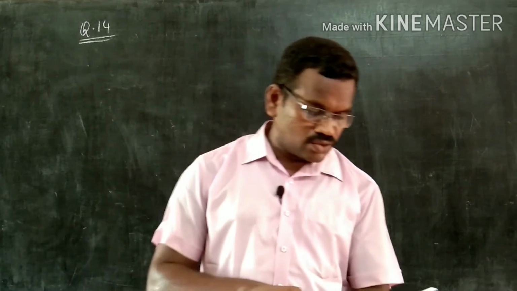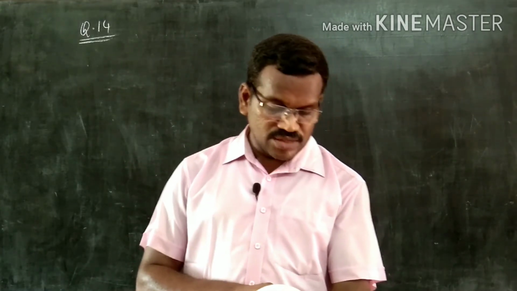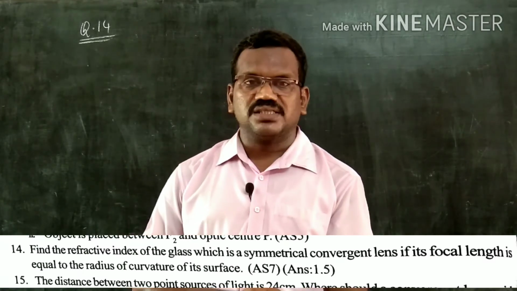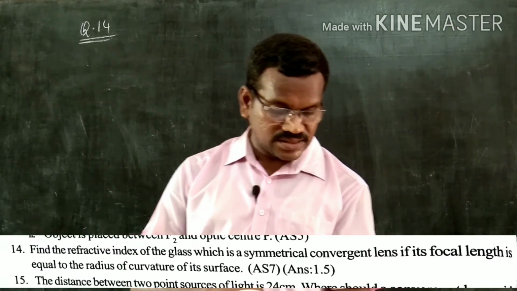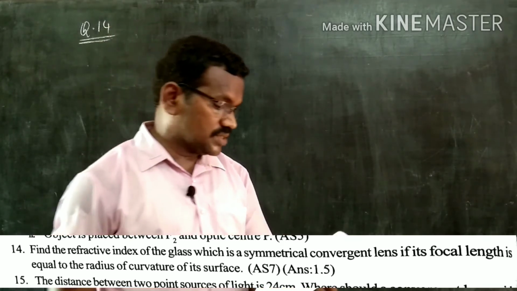Now let us go to question number 14 of our SCERT textbook, Improve Your Learning, Refraction of Light at Plane Surfaces and Curved Surfaces, page number 84 of the textbook.